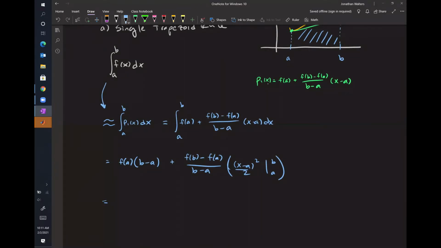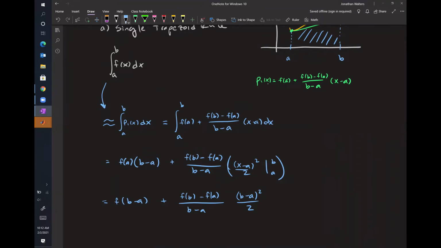This is going to be f of a times b minus a plus f of b minus f of a over b minus a times b minus a squared over 2. If I plug in a to that evaluation, I get 0 squared.